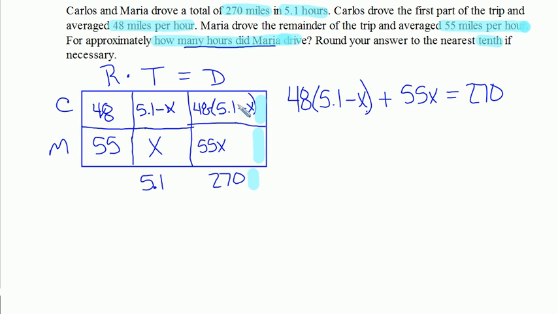Let's go ahead and distribute this 48. 48 times 5.1 is 224.8. And of course 48 times negative x is negative 48x. Plus the 55x we still have here still equals 270.